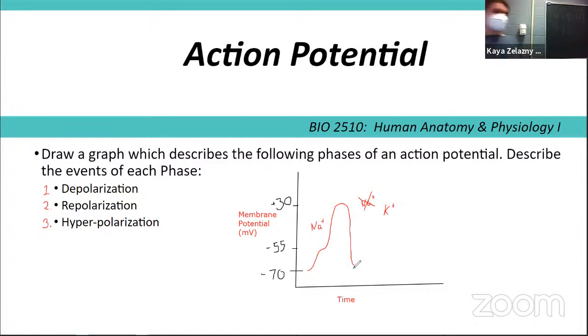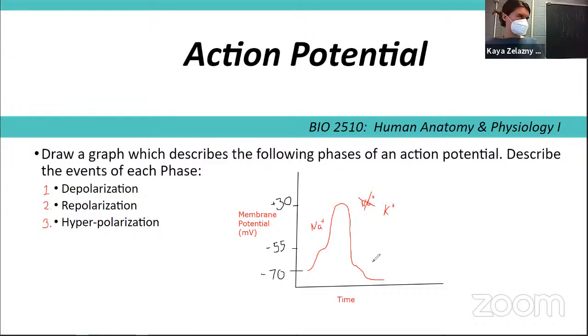which just leaves us with hyperpolarization. So what's a hyperpolarization? Perfect, yeah. When we go below -70, usually to about -85, that's our hyperpolarization. And that's still due to our potassium leaving.